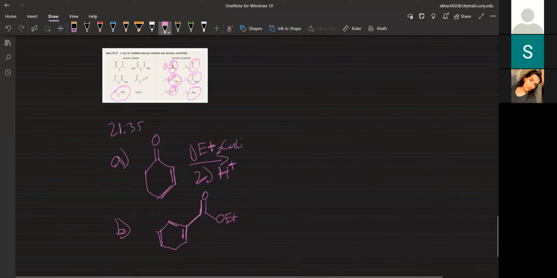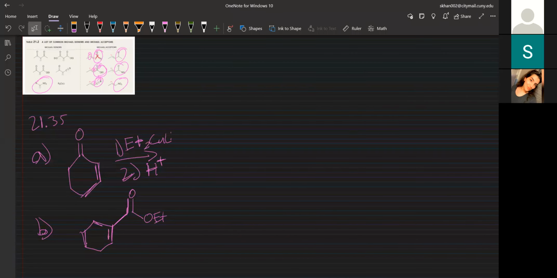If you want to look at the table to see what the purpose is. The main thing is to understand it's going to attack at the beta position. So take a minute or two to just draw out the products for that. You're going to be using that Gilman for both. I don't want to give away everything, but that's going to be your Michael donor.